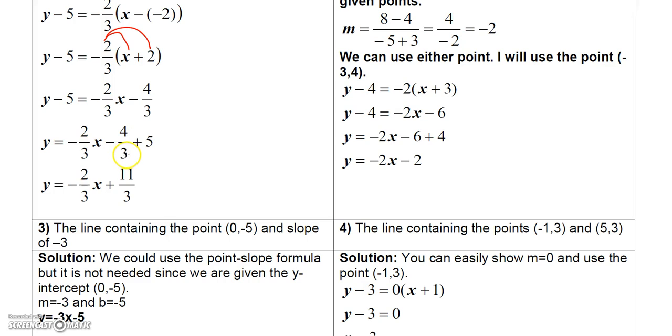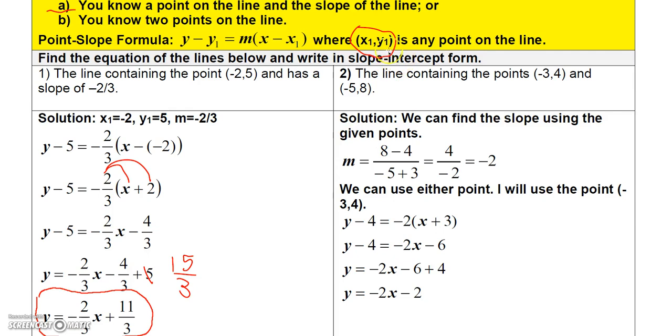Now I know that -4/3 plus 5 is actually 11/3, but in case you're not sure how I got that, I got a common denominator and wrote 5 as 15/3. That way I can combine -4/3 plus 15/3, which is 11/3. So in slope-intercept form, the equation of my line is y equals -2/3 x plus 11/3.